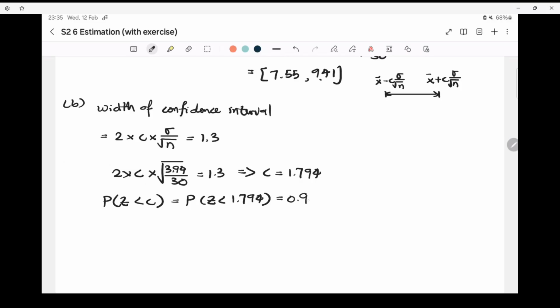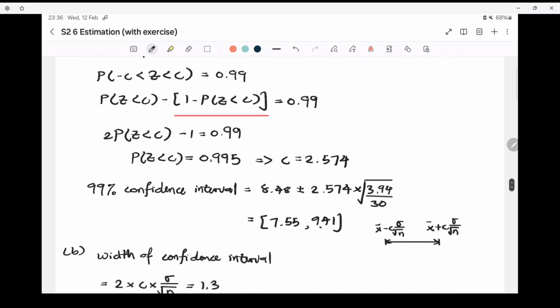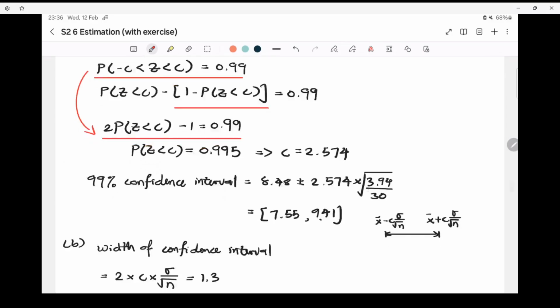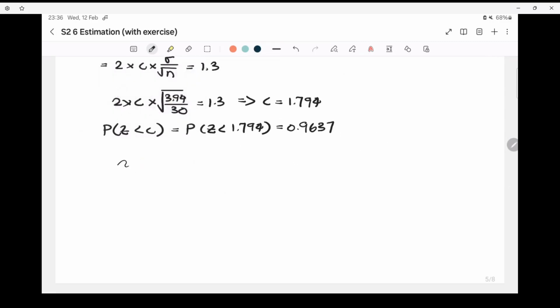This is 0.9637, but we are not done yet because we need to find this part, and this particular equation can be broken down into this, which is why once you found this particular value, you need to use 2 times P(Z smaller than 1.794) minus 1. That tells you what is your confidence interval.